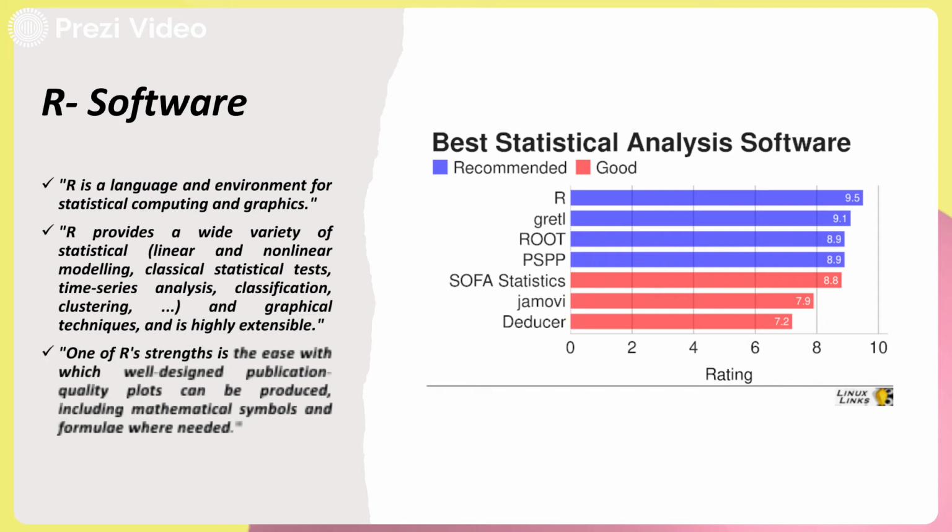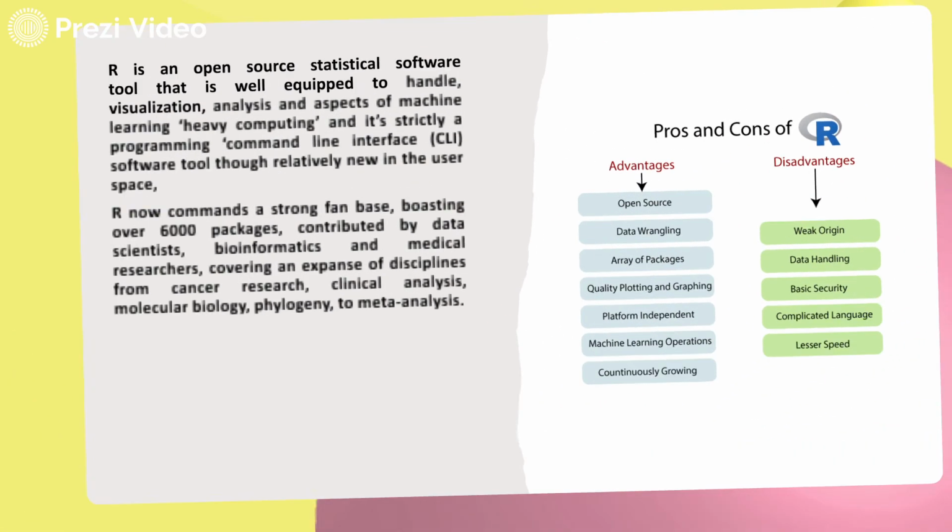One of R's strengths is the ease with which well-designed publication-quality plots can be produced, including mathematical symbols and formulas wherever required. So it is the best analysis software as compared to other softwares.